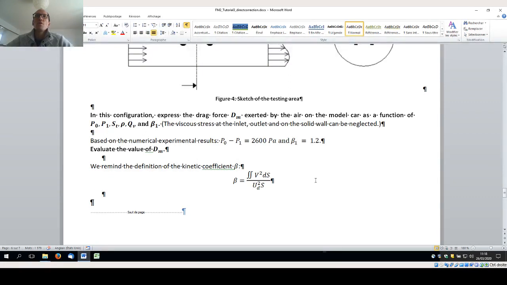So here, we are looking for the drag force exerted on the car.